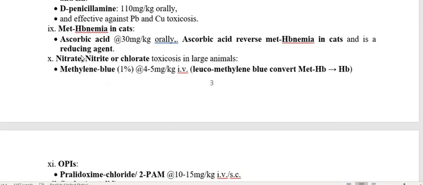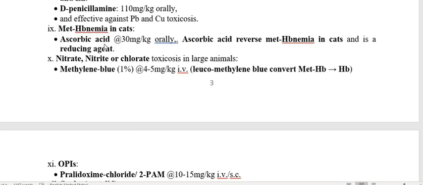Now we have to go through methemoglobinemia in cat. So what is methemoglobinemia? Methemoglobinemia is a condition where the iron is converted into the ferric form, from +2 to +3. The +3 form of the hemoglobin is called the methemoglobin form.